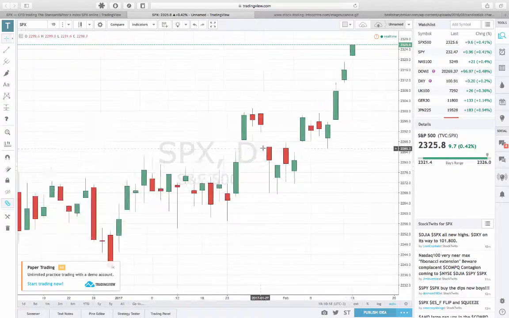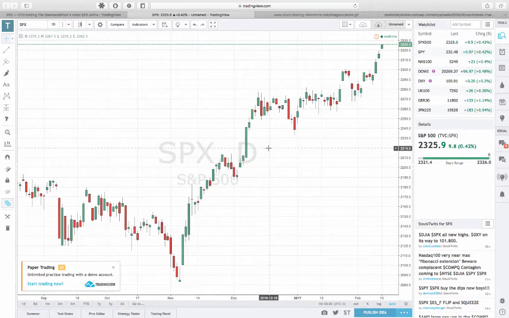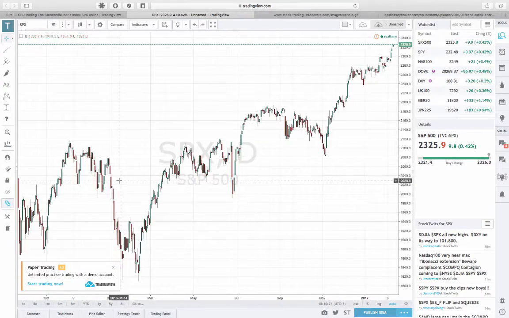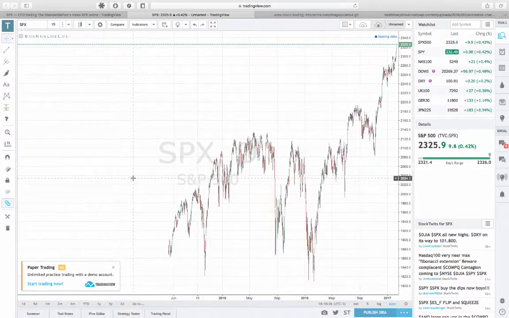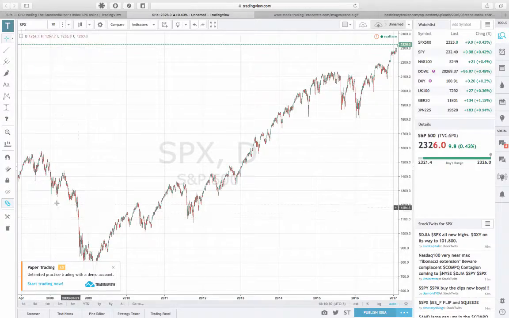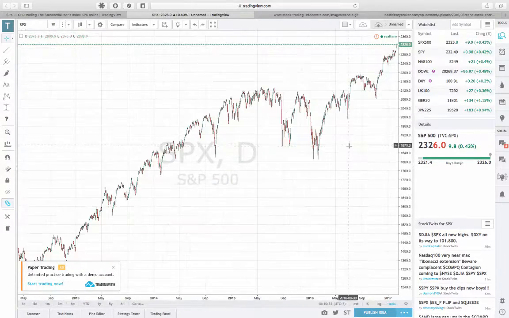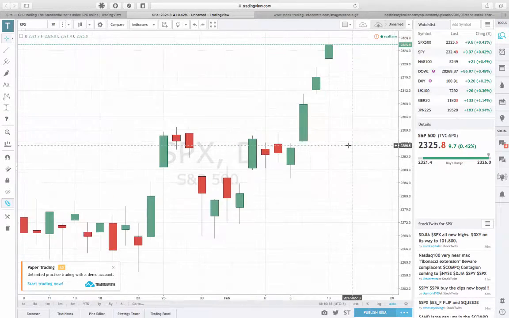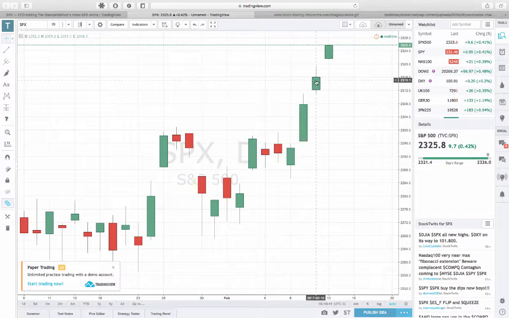And this can go back and back and back. So if we zoom out, we can go back into 2016, 2015, all the way back to 2008, 2009. The information goes really, really far back. But if we zoom in today, we can see that we have 1 bar for today, 1 bar for yesterday, and 1 bar for each day.